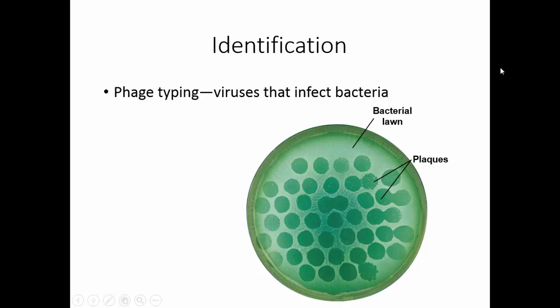If you have a lawn of bacteria, that is a smooth growth of bacteria, and you drop phages on it, as the viruses attack the bacteria and kill them, they leave these spaces where the bacteria have been killed. These are called plaques. So we can actually test bacteria against a variety of viruses and see which virus kills them. That can be another identification technique.